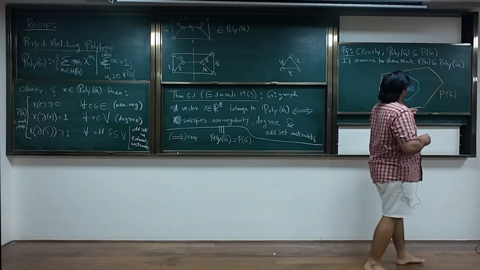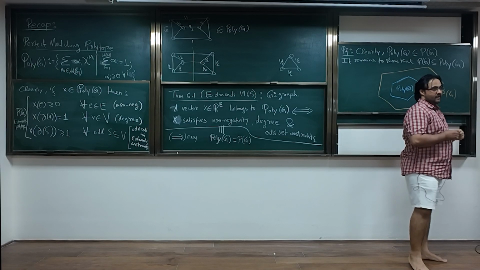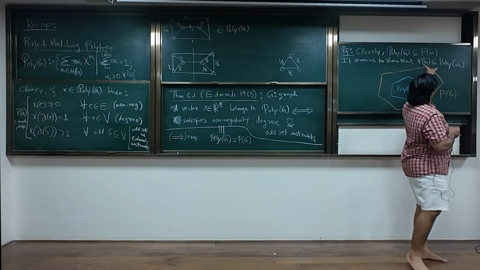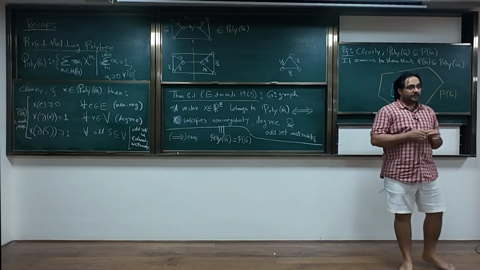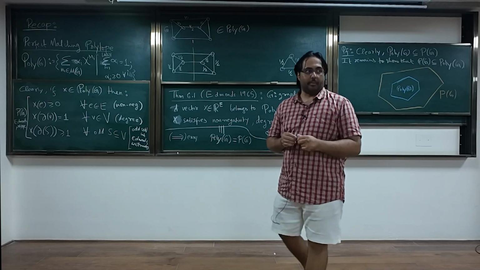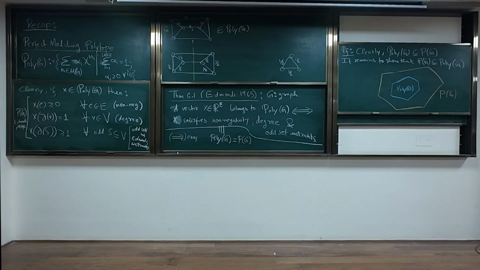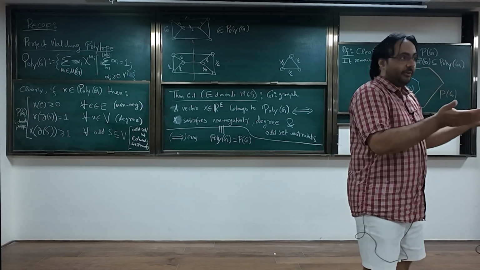Let me ask you a question. If you want to show that this is a subset of this, does it suffice to show that the extreme points of this are contained in this set? Remember what the extreme points are. It is those points that cannot be written as convex combinations of other points. But all other points in the polytope can be written as convex combinations of the extreme points, including the extreme points, via the trivial convex combination of themselves.